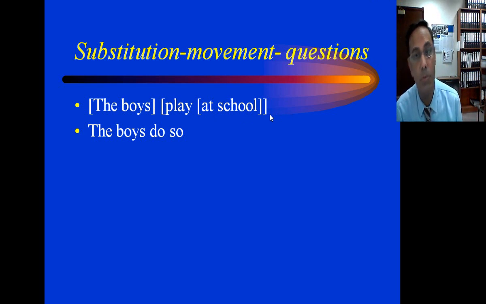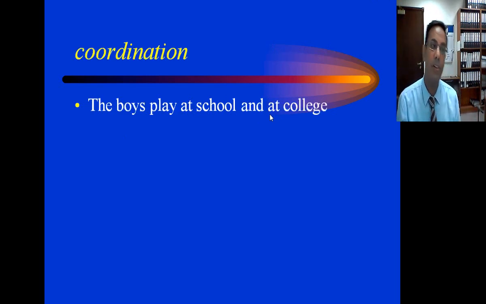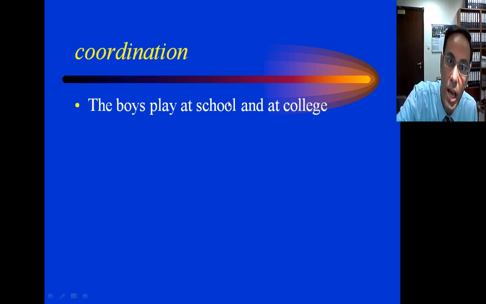So we have the substitution test, movement test, and question test. We have a fourth test, which is coordination. Look at this example. The boys play at school and at college. Here, in the same sentence, at school is a unit, a constituent, and we can coordinate it with another constituent of the same category, another phrase.